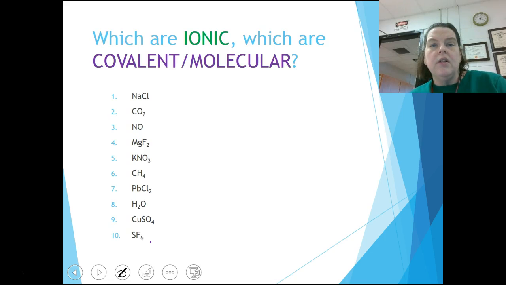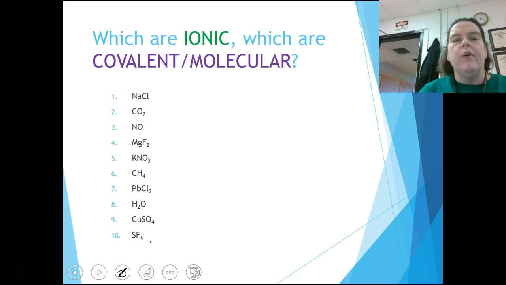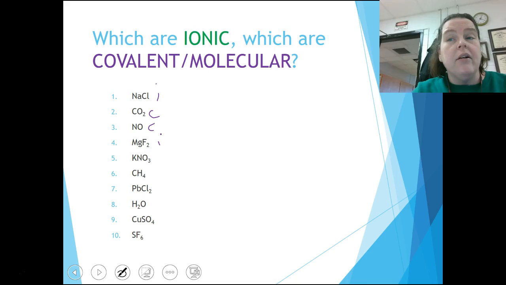So which are ionic and which are covalent or molecular? We're going to use I for ionic and C for covalent or molecular. NaCl, that's a metal and a nonmetal, so it's ionic. CO2, carbon and oxygen are both nonmetals, so that is covalent. NO, nonmetals again. MgF, magnesium is a metal, fluorine is a nonmetal, so ionic. KNO3, K is a metal, N and O are both nonmetals, so that's ionic.